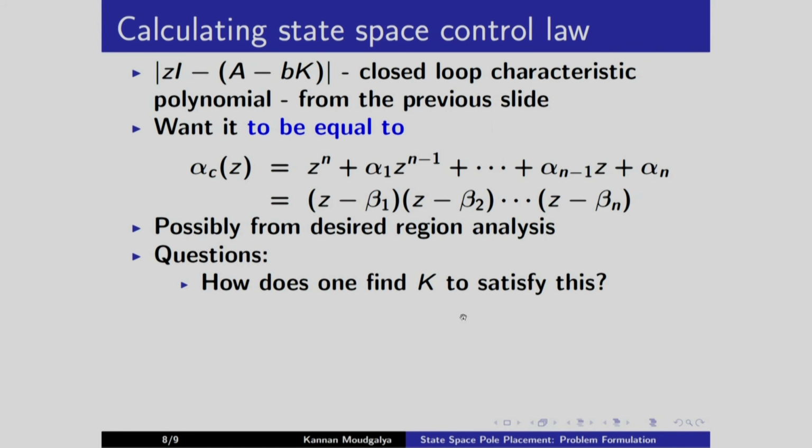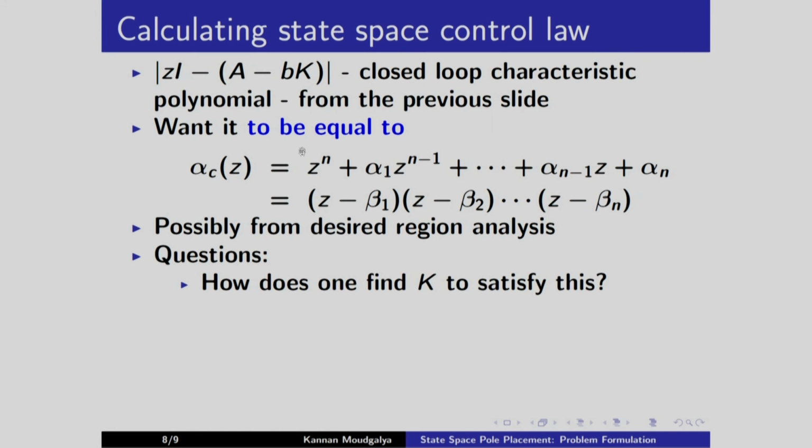Question: how does one find k to satisfy this requirement? Notice that I have nth degree polynomial here. Remember that A is an n by n matrix, k also has n components, k1 through kn, and here we have another polynomial that is of degree n, it has n coefficients.